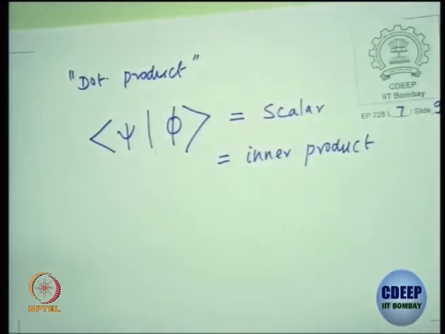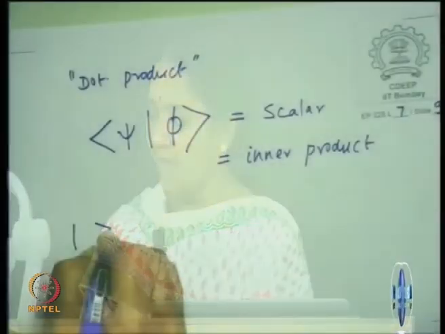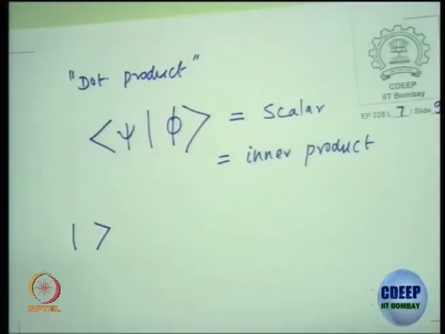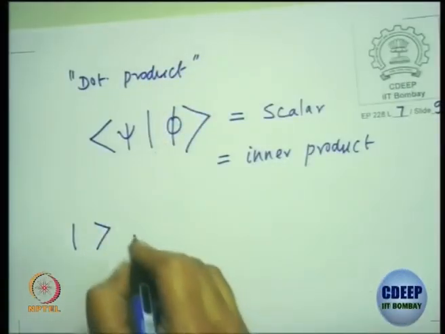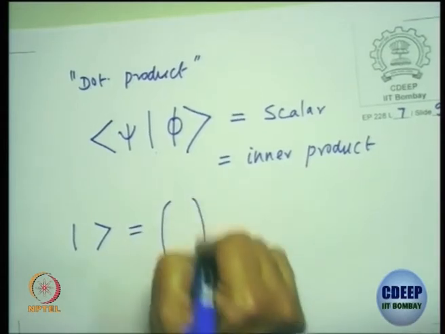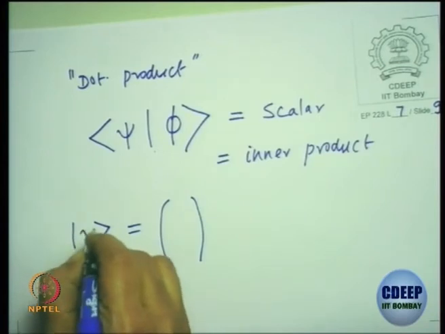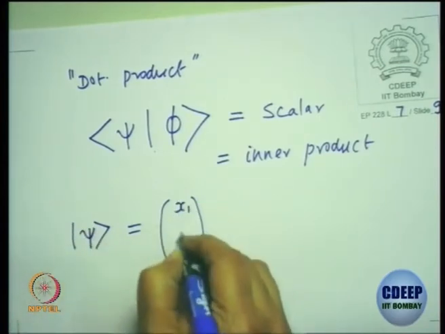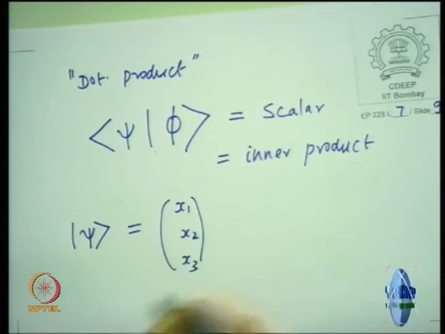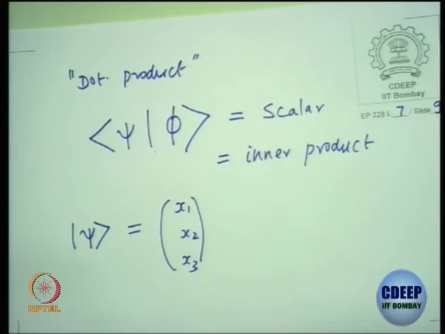To make contact with your familiar R3, let us write the ket vector as a column. Suppose I want to write a ket vector psi as x1, x2 and x3. Then to get a number, you are all familiar with matrix mechanics.